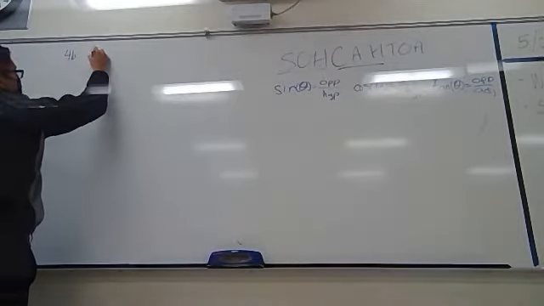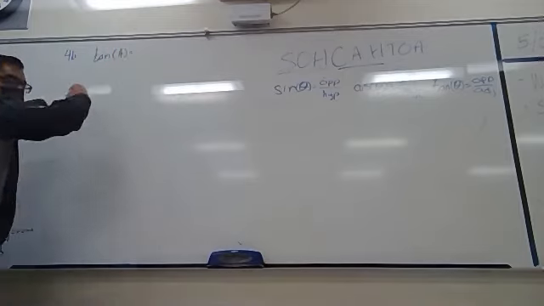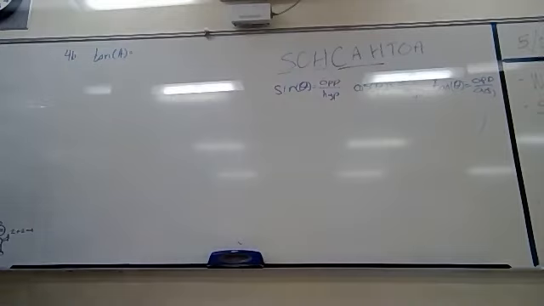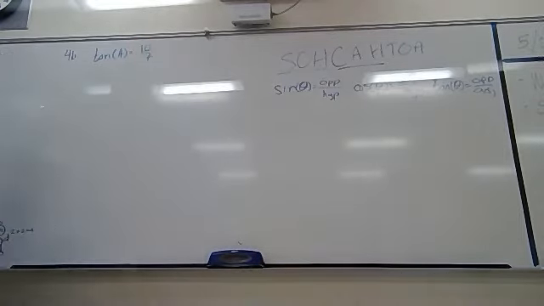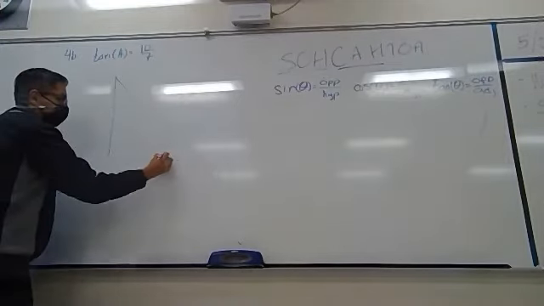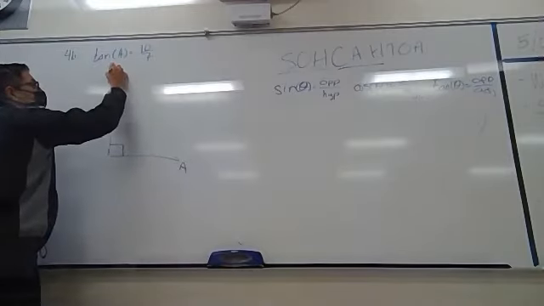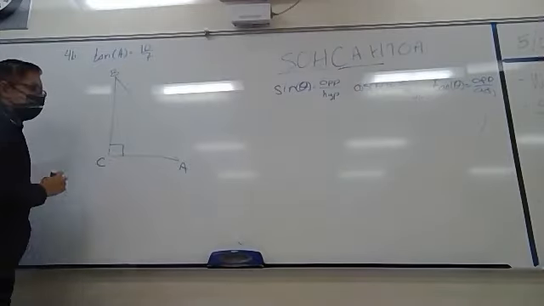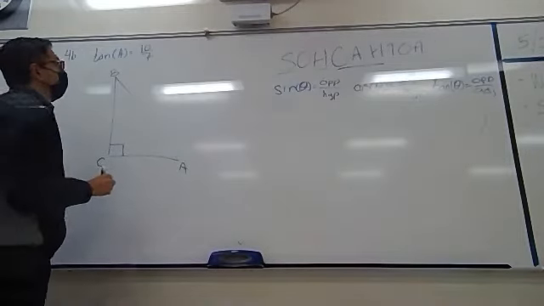4B, and it says that tangent of A equals 10/7. And you're supposed to draw a triangle, and this is a right triangle, so drawing a right triangle, this is A, this is B, and this is C. All right, A and B will always be the non-90-degree angles in these situations.